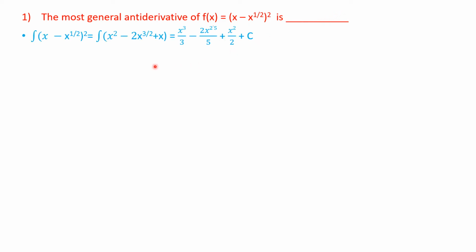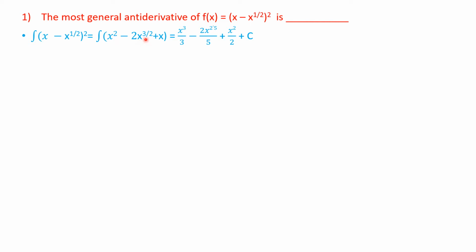So the integration of (x minus x to the power half) all to the power 2, we'll expand this, that will give us x squared minus 2x to the power 3/2 plus x. Now we can just do normal polynomial integration.